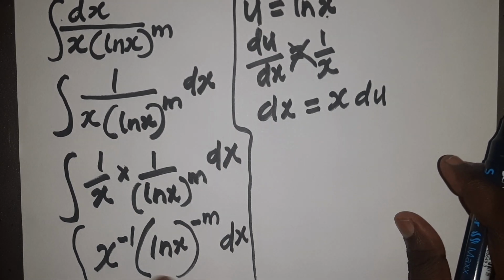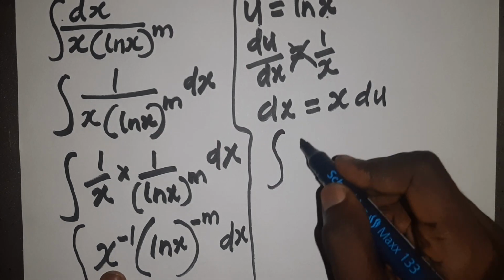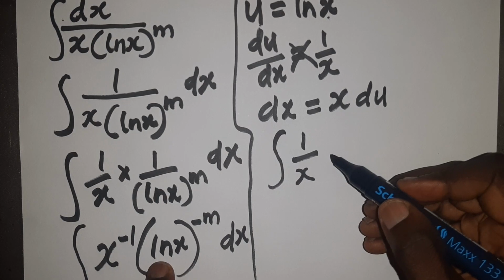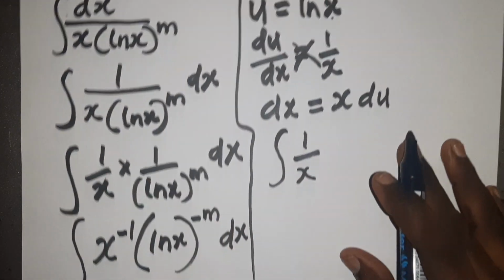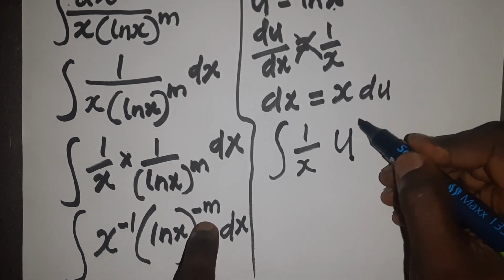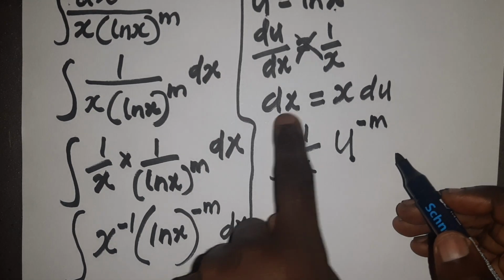So I'm going to rewrite this. The integral, I can still leave this one as 1 over x, it doesn't change anything, times this ln of x, which is now u. Remember, we made it to be u, so I'm going to write u raised to power minus m, and then this dx, don't forget, dx is now x du.